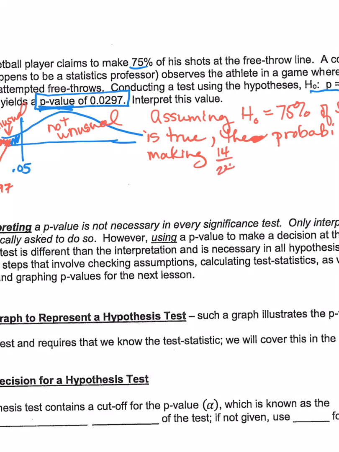So 14 out of 24 is what, 58.3%, so about 58%, or fewer.